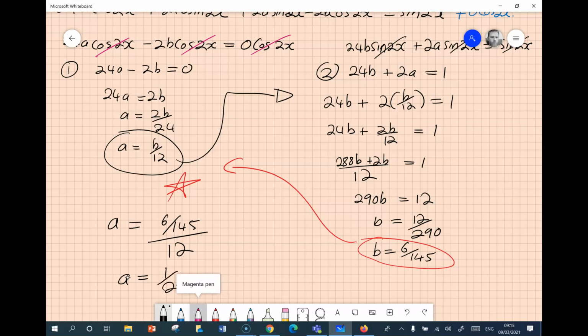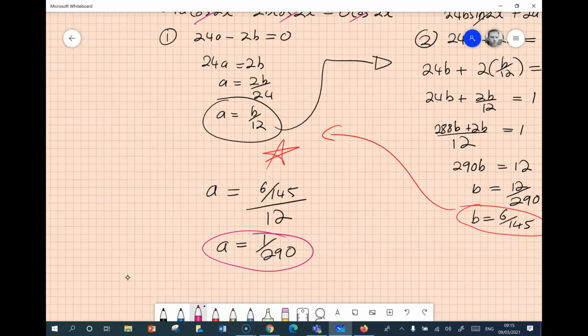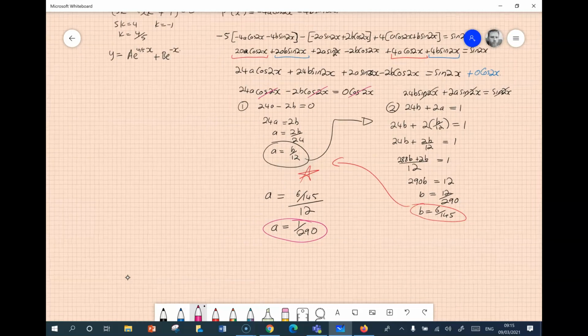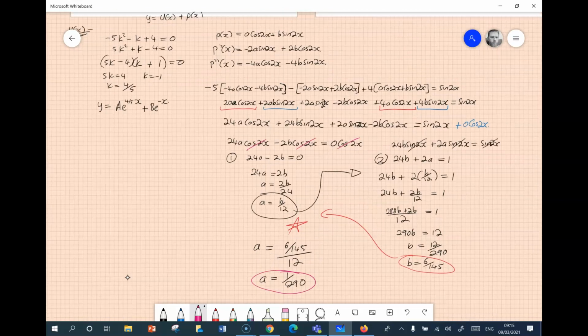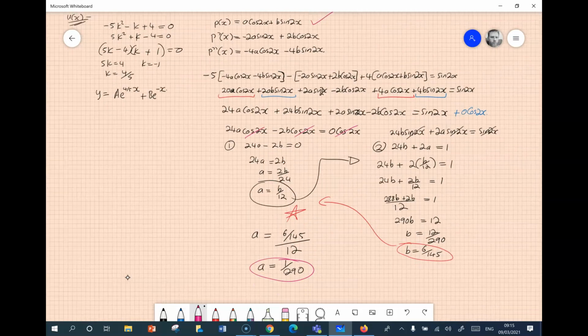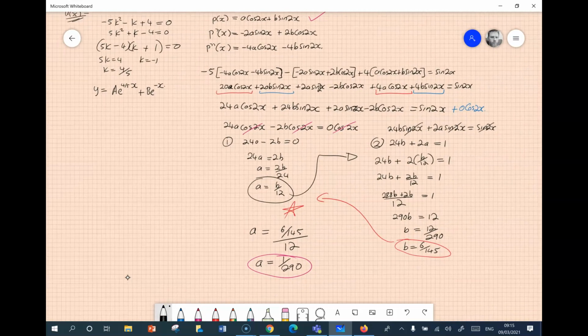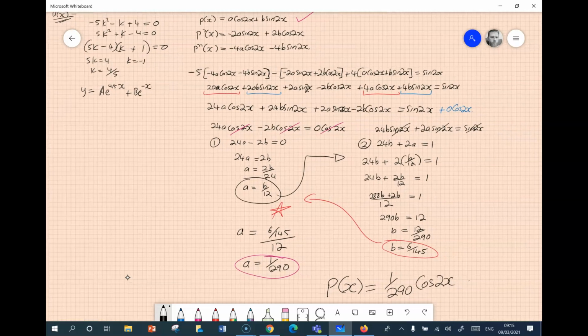So I have my a and my b, so we're ready to put our p of x together. Okay, so let's just zoom out there. So we said at the very start our p of x is a cos 2x plus b sine 2x. So p of x is equal to a, 1 over 290, cos 2x, plus b, which is 6 over 145, sine 2x.